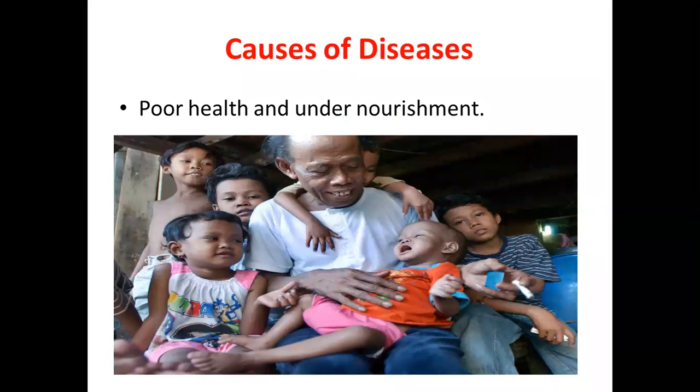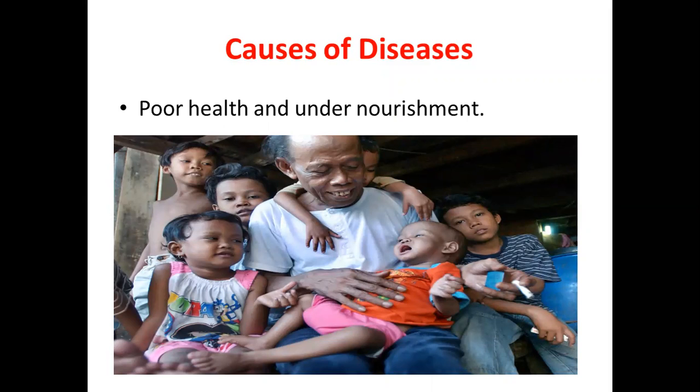Okay, next point we'll discuss here. Poor health and undernourishment, or malnutrition also we can say, is a contributory cause or factor. Try to understand the meaning of contributory. Contributory causes are factors which do not cause the disease themselves but provide a condition for the disease to occur.